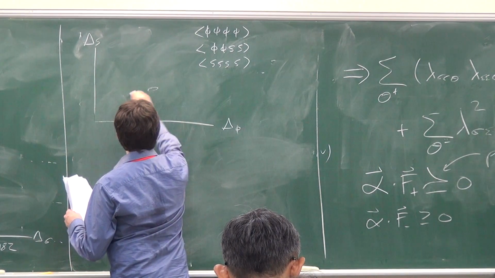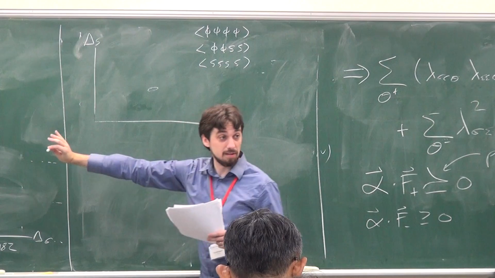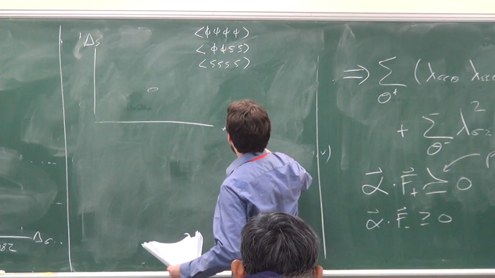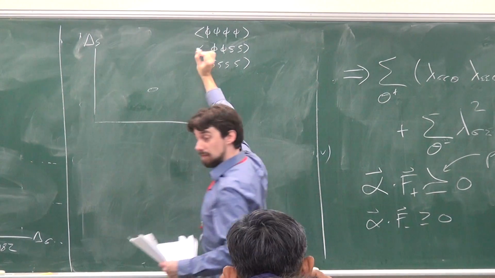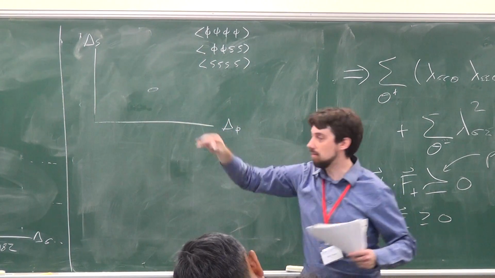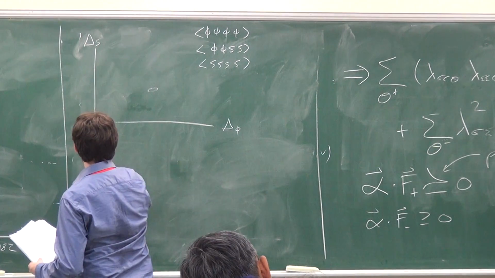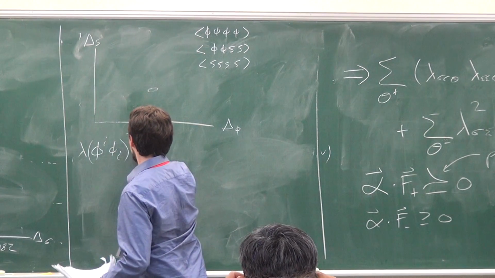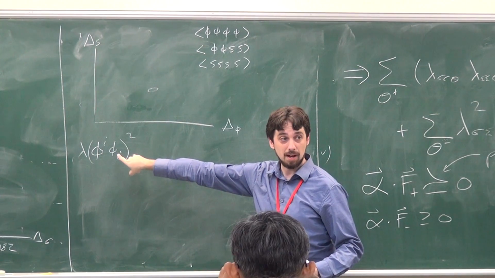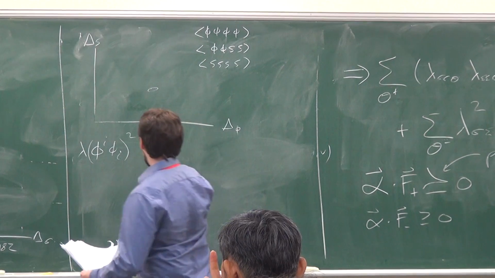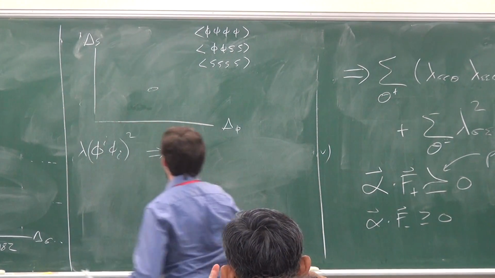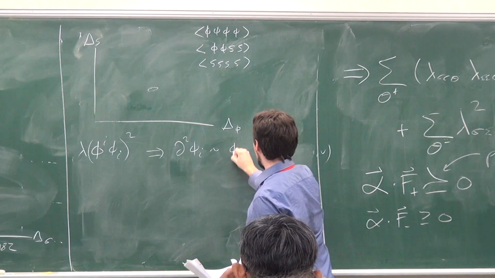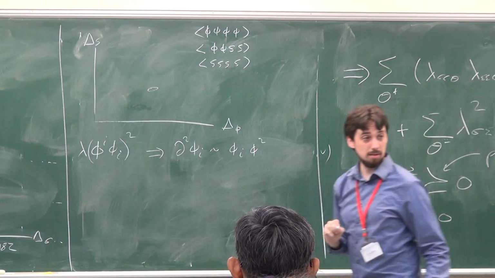And you see, basically this whole story repeats itself. If I impose the condition that there's a gap in the O(N) fundamental channel. So if you think about the O(N) vector models, these are always in 4 minus epsilon dimensions. These are theories of N scalars with phi_i squared interaction. And this leads to an equation of motion, which tells me that del squared phi_i is related to phi_i times phi squared.